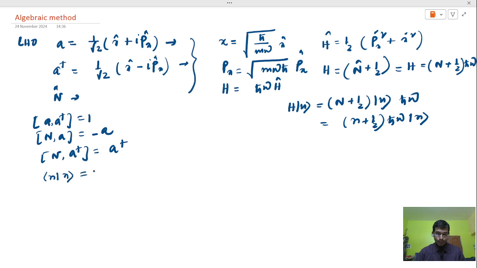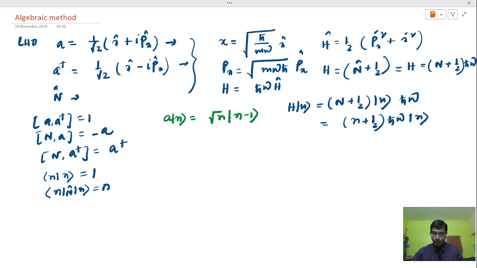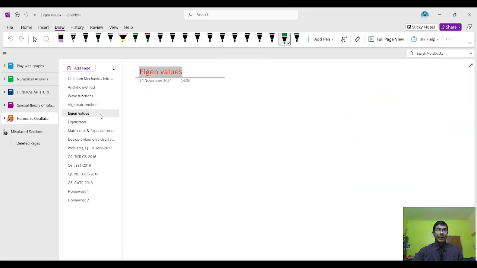The norm of n is 1, and the number operator acting on n gives n. When a acts on ket n, we get root n ket n minus 1, one step down, and a dagger acting on ket n gives root n plus 1 ket n plus 1, raising one state. There is also some algebra about this, like we have eigenvalues here.